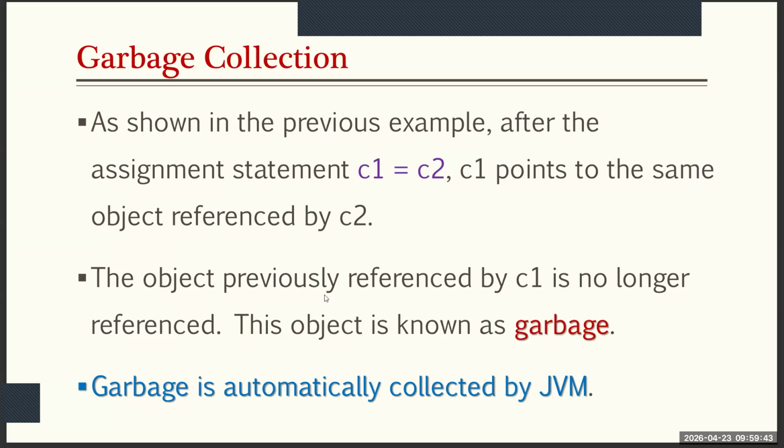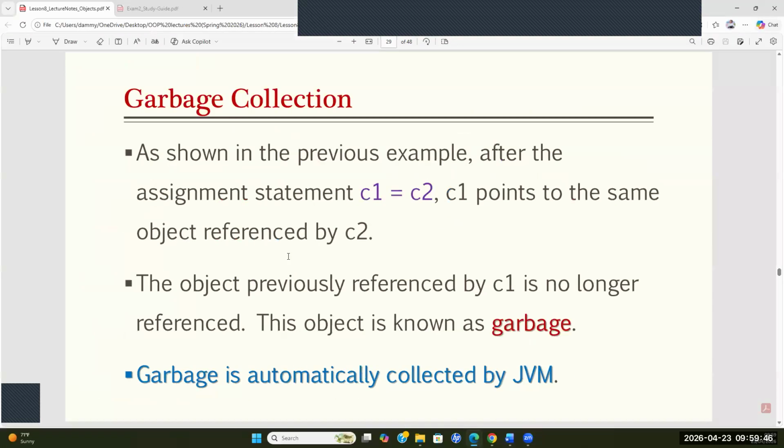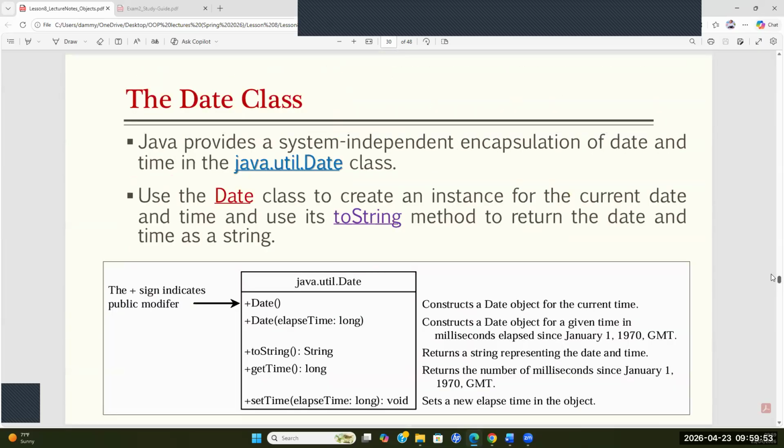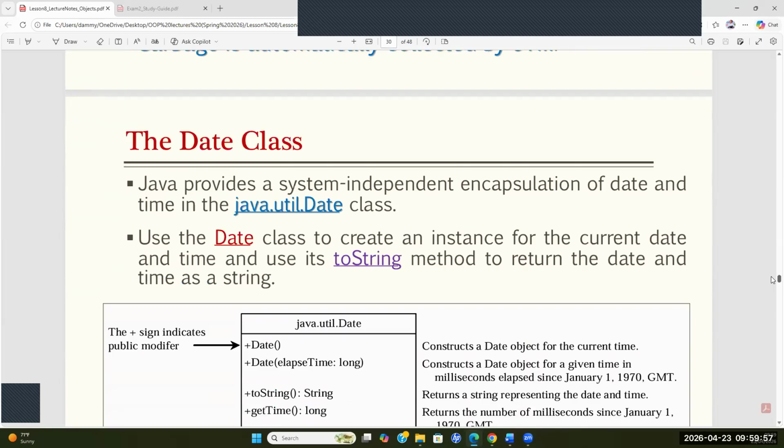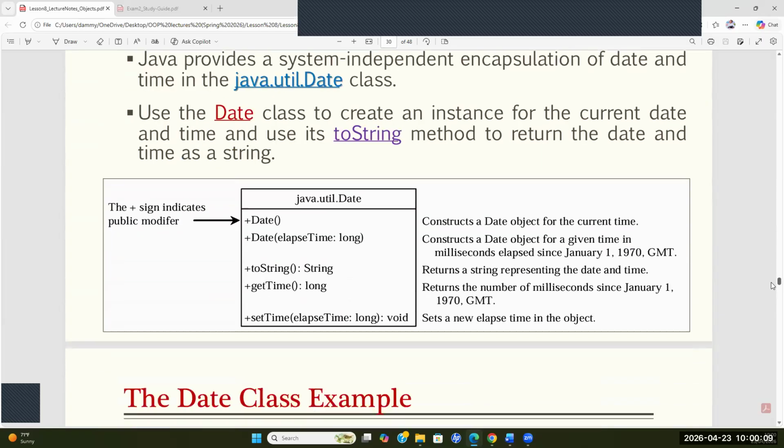This is what I really want to reference in the last part of the lecture notes. The others are different kinds of classes that we have in the Java programming libraries. For instance, the Date class, which we can use to return the date and the time in our program.